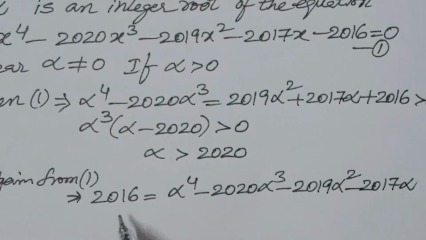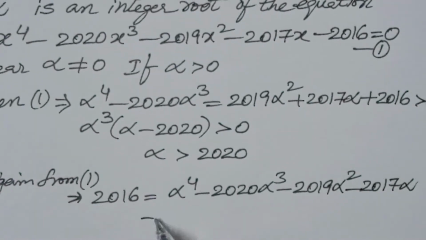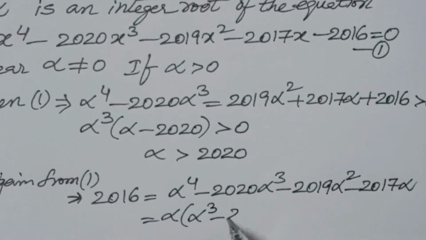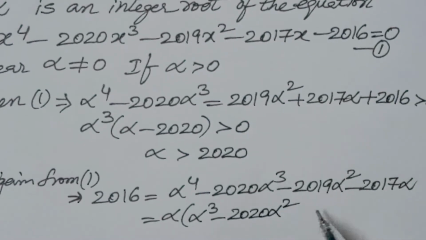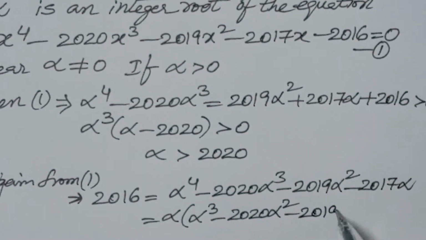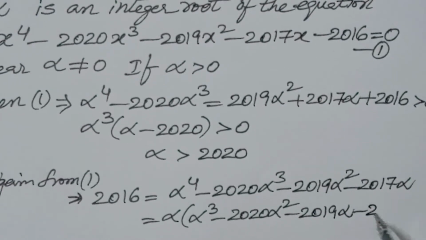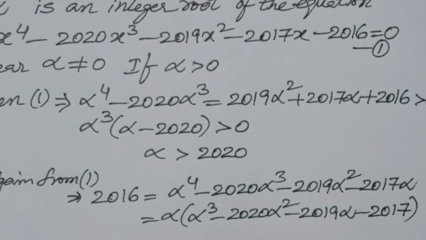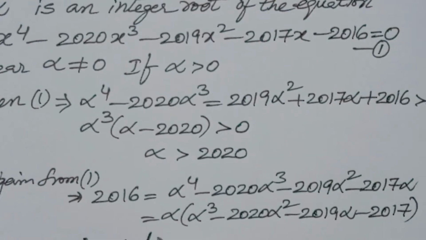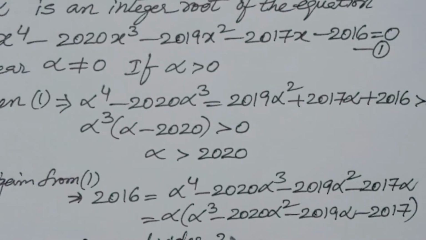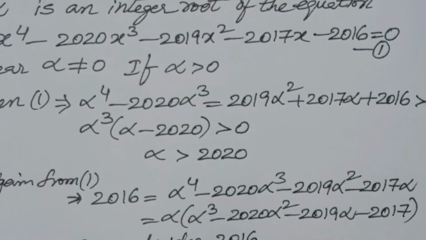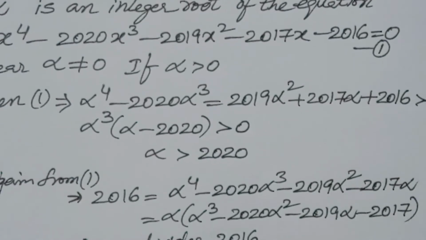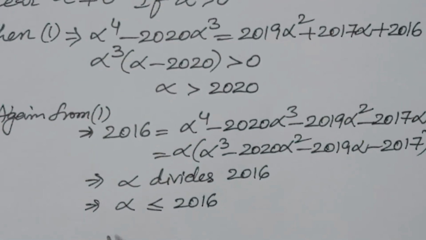Taking 2016 to one side, here you can take alpha common: alpha(alpha^3 - 2020 alpha^2 - 2019 alpha - 2017). Now you are taking alpha common, and it shows that alpha divides 2016, meaning alpha is less than or equal to 2016, which is a contradiction.